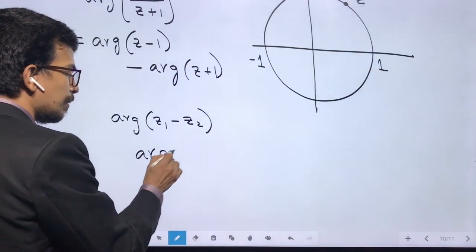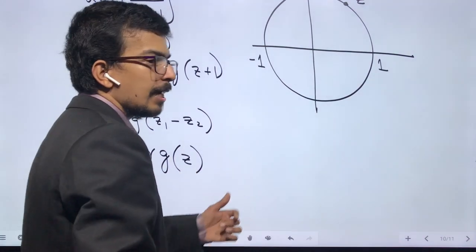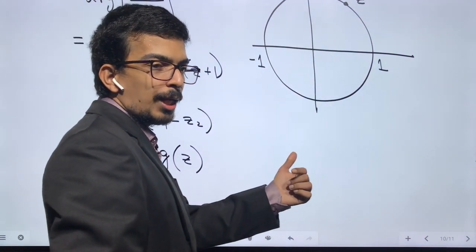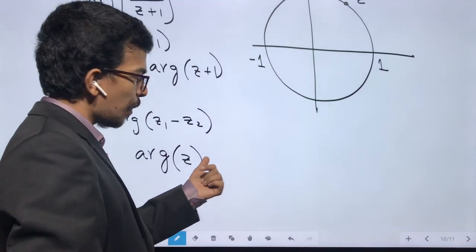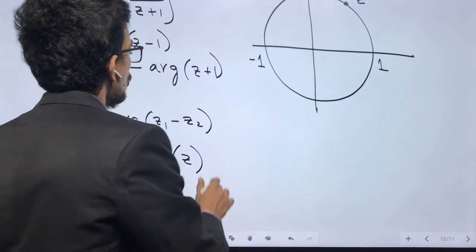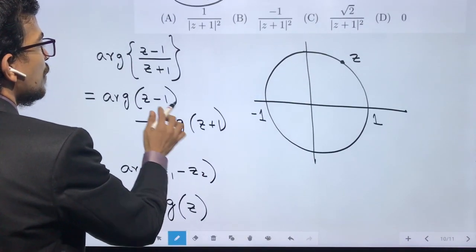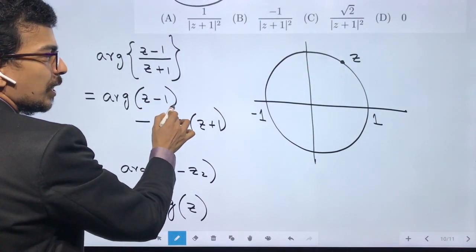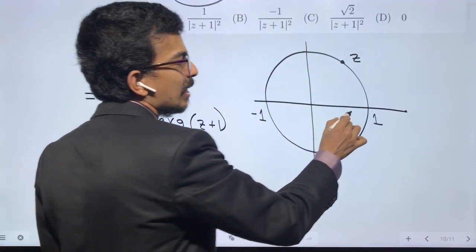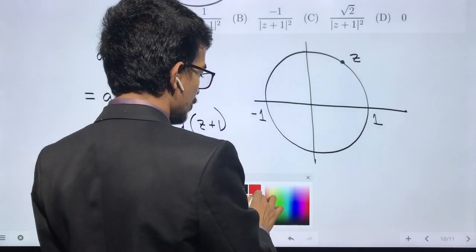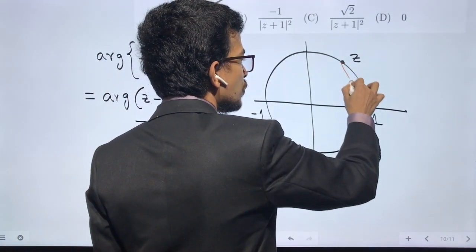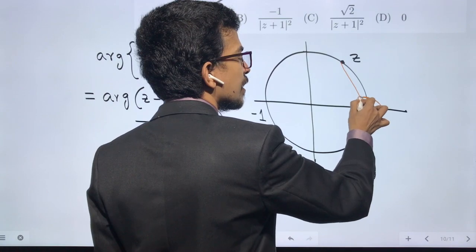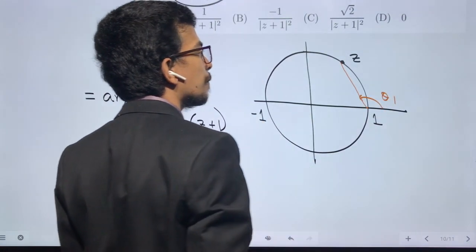Argument of z is nothing but the angle made by the ray joining origin to z with the positive direction of x-axis. So argument of z minus 1 is going to be the angle made by the ray joining 1 to z with the positive direction of x-axis. So let's call this theta 1.